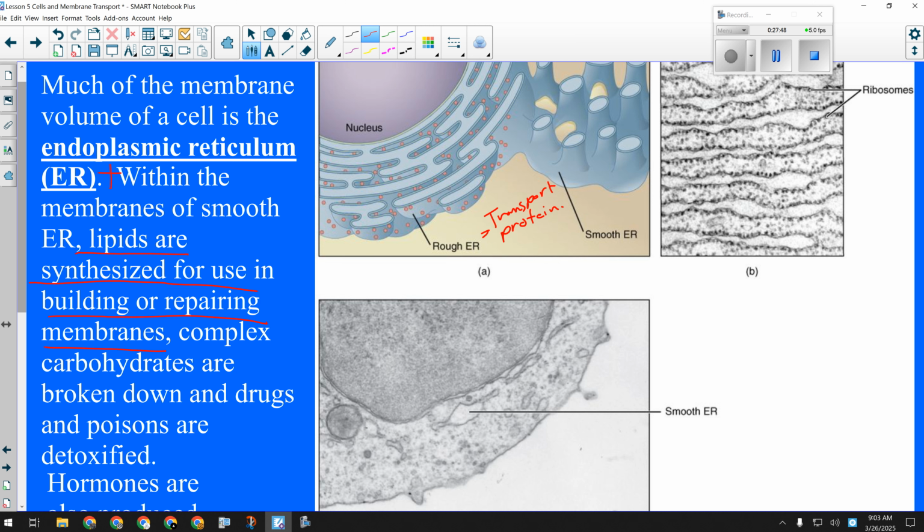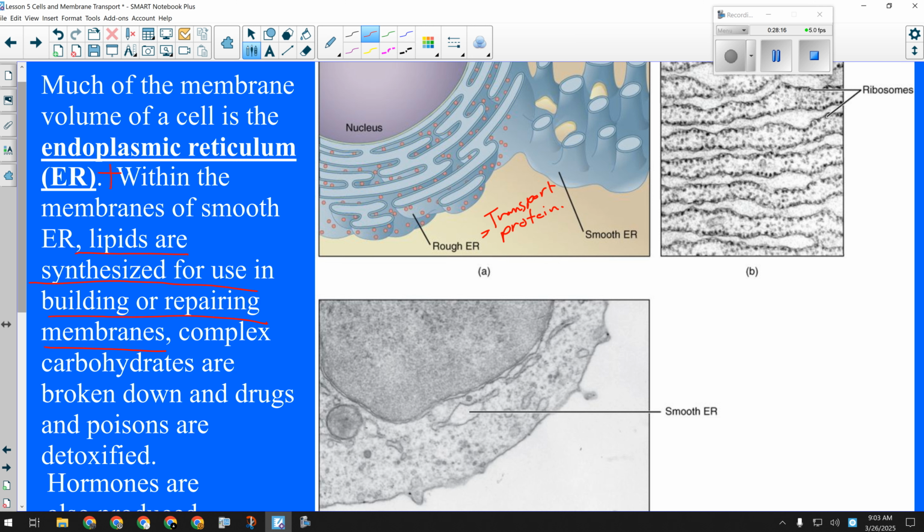Another thing that goes on, because the enzymes for doing this are similar, is that complex carbohydrates can be broken down. That would be starches. If you went out and had a big rice bowl, that's a lot of starch. Or a couple of baked potatoes, or a big plate of pasta.